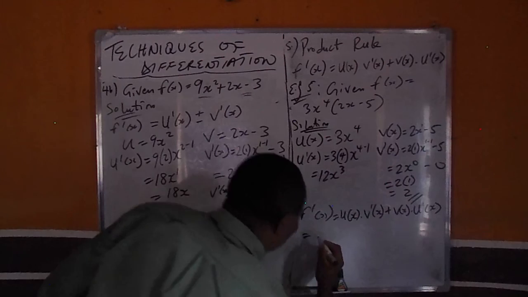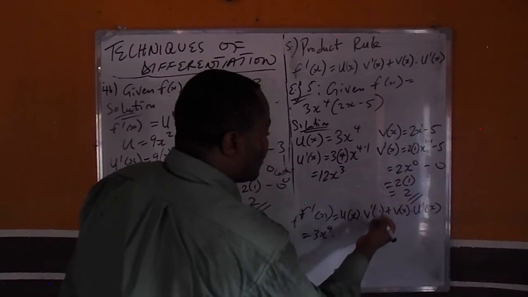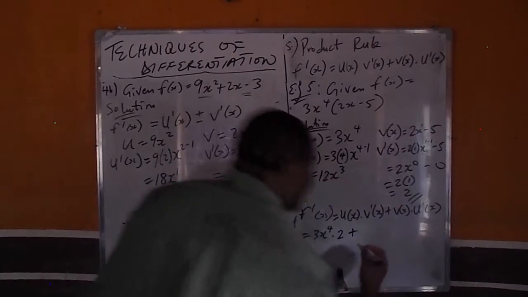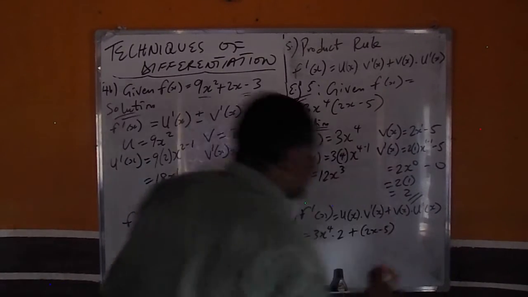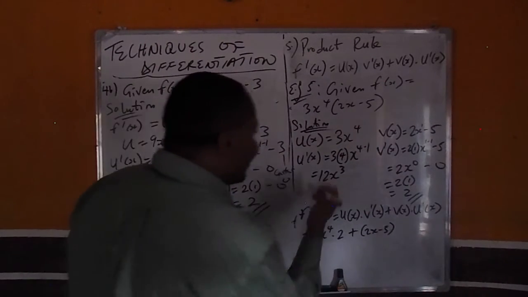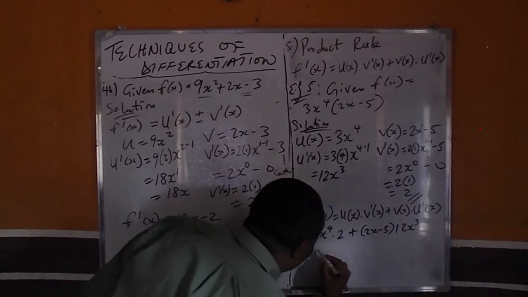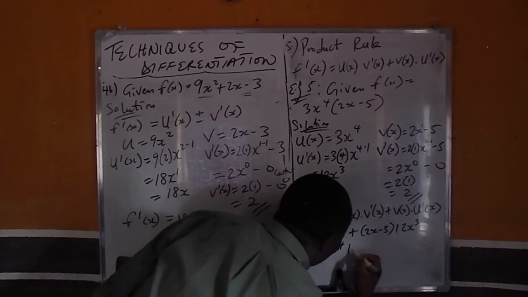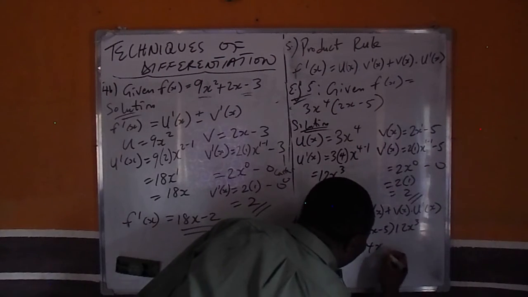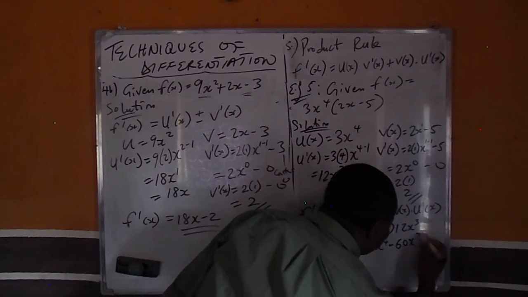Our u is 3s raised to power 4, dot, meaning multiplication, v prime s, which is 2, plus v of s, 2s minus 5, dot u prime s, which is 12s raised to power 3. That equals 3 times 2, 6s raised to power 4, plus 12s raised to power 3 times 2s, 24s raised to power 4, minus 12 times 5, 60s raised to power 3.